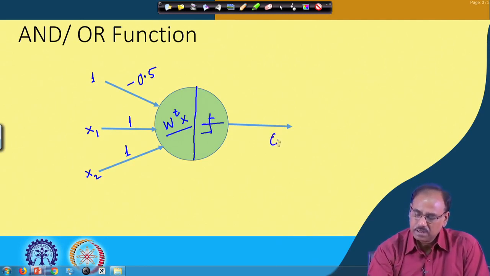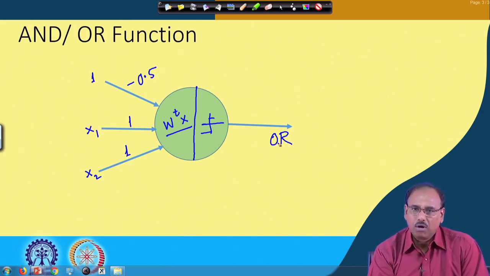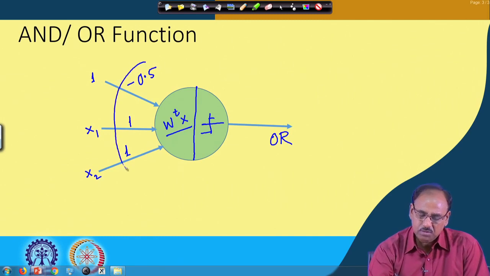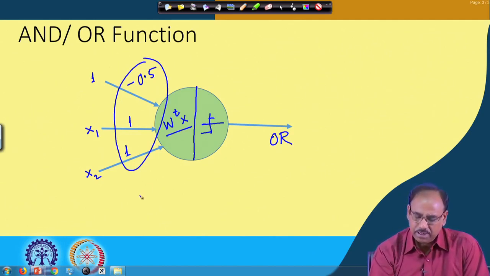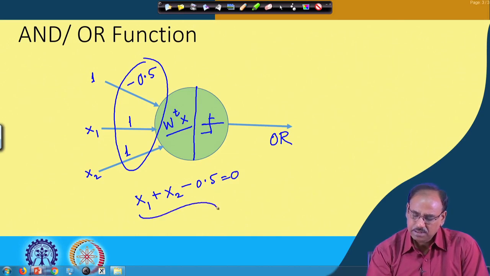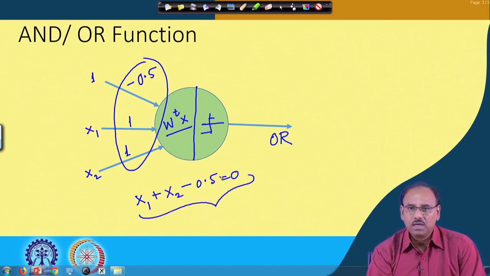So at the output, we get an OR function, OR of x1 and x2. With this weight vector, the separating plane that we are designing is x1 plus x2 minus 0.5 equal to 0, which separates the two classes omega 1 and omega 2.